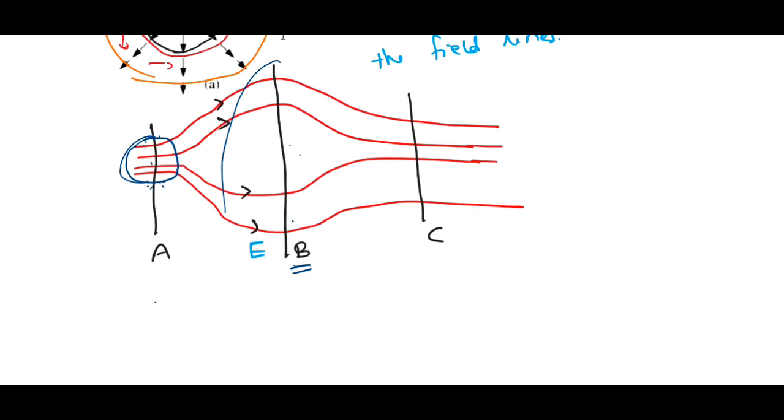But compared to region B, the region C is better, because the electric field lines are closer. Therefore, the intensity of the electric field is larger in the region A, greater than in the region C, and very small in the region B. The strength of the electric field is larger at the point A than at C than at B.